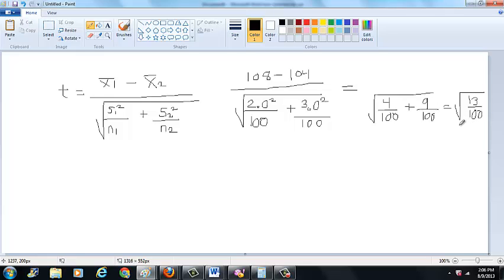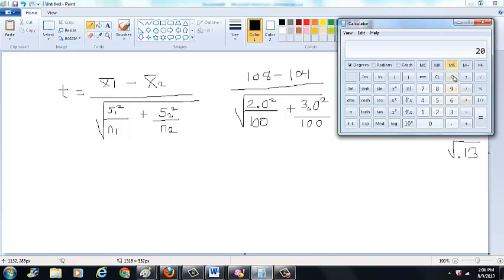If we divided 13 by 100 in a calculator, we would get 0.13. And the square root of 0.13 is 0.36.